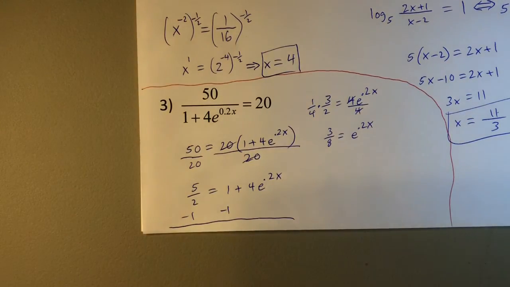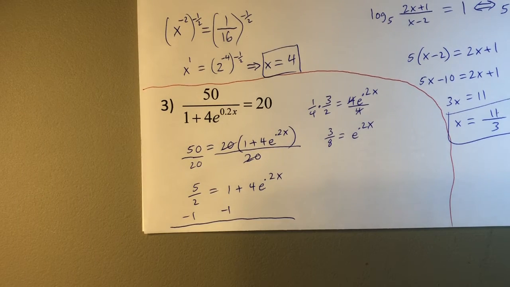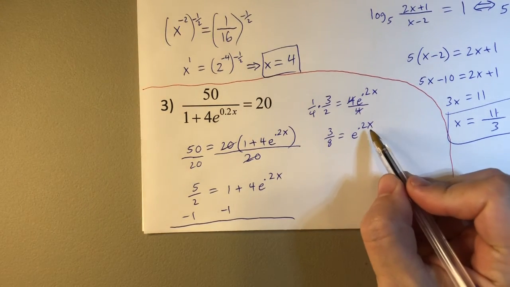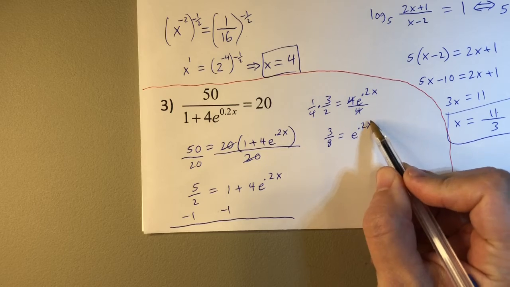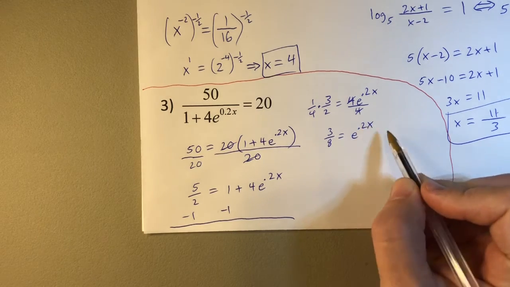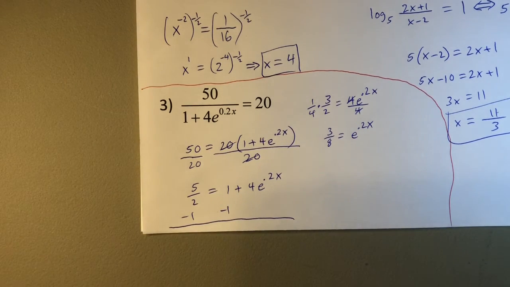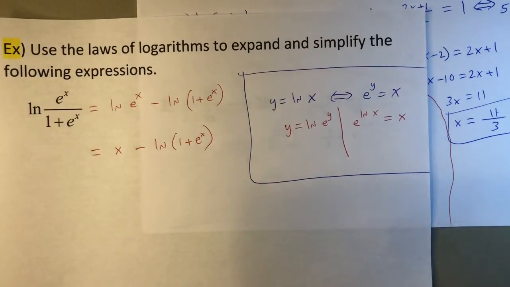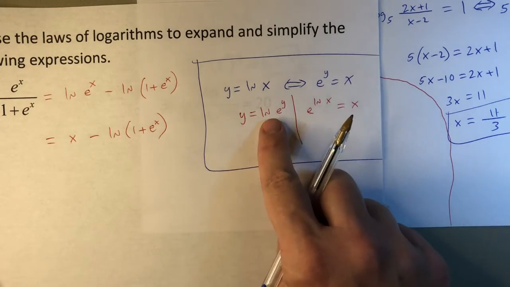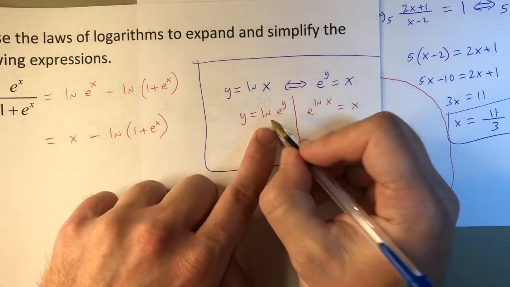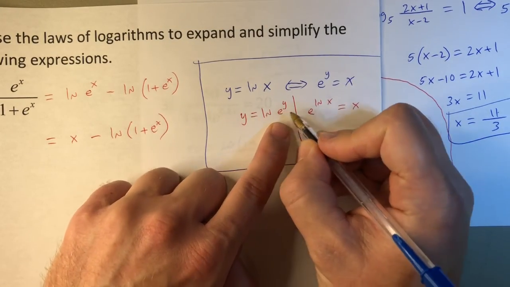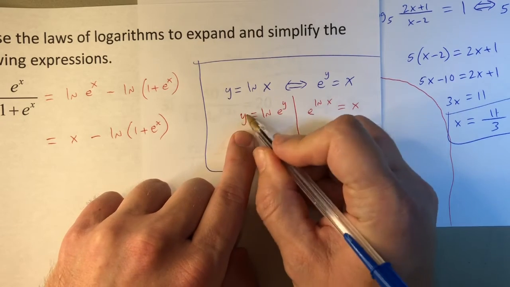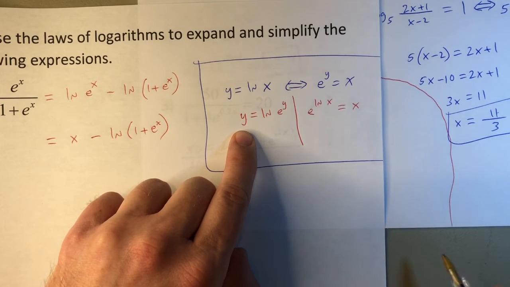Now, what did I show you a little bit ago that would help us to get this x out of the exponent position and into the base position? Did I show you something? I believe I did, and here it is. If we could take the natural logarithm of e to the something, we're going to get that something. That's important that you understand that.